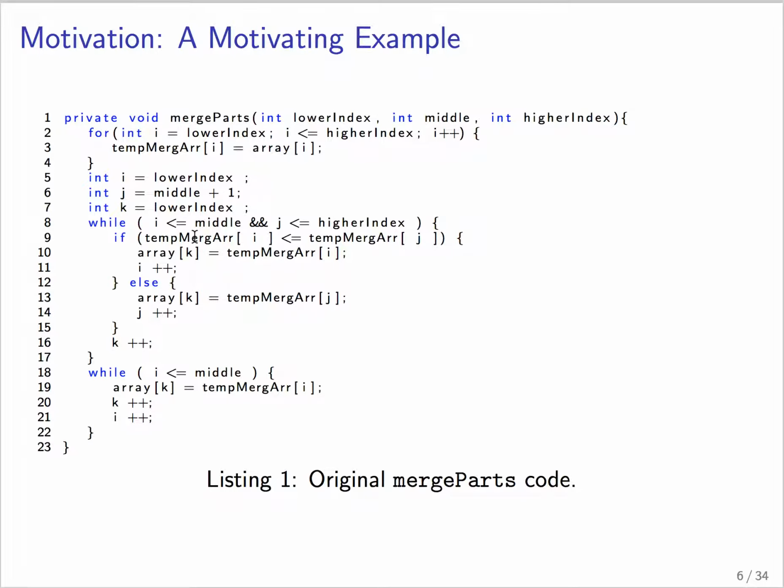If the value at index i from the left side is smaller than the value from the right side, we move the element from the first array one step forward. Otherwise, we move the element from the second part one step forward.